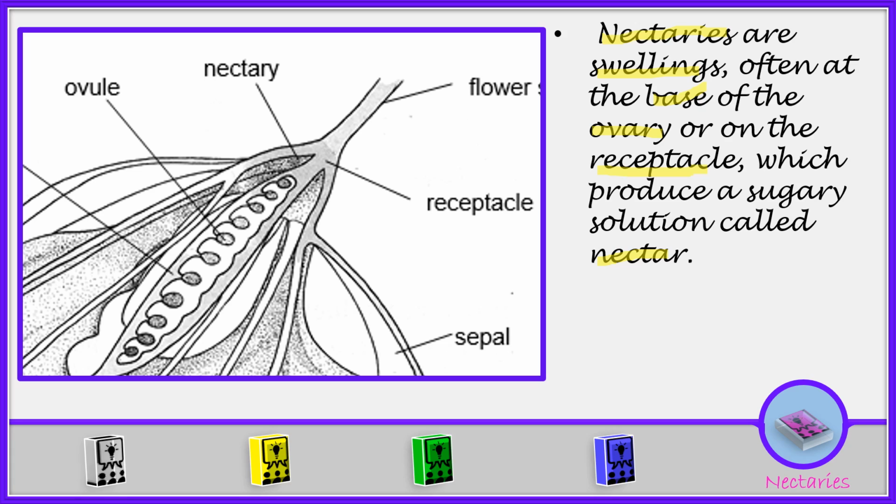The nectaries are always attached at that point, either at the base of the ovary or on the receptacle. That's where they attach themselves. Those are the structures that produce the solution which we call the nectar. The nectaries are at the base of the ovary or on the receptacle.